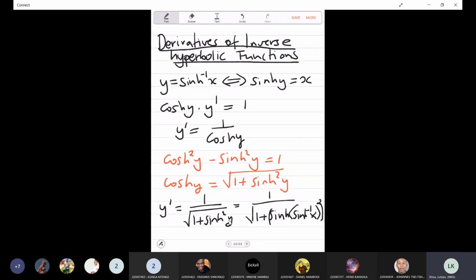Okay, so sine hyperbolic of y, but y is sine hyperbolic inverse of x, and then you square it. So we know that the hyperbolic sine inverse will cancel. I'll be left with x. So this will just leave me with 1 over the square root of 1 plus x squared.